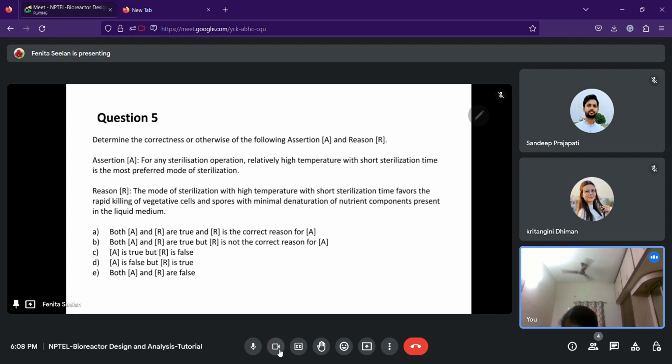What would be the answer for this question? The answer is both A and R are true, and R is the correct reason for A.